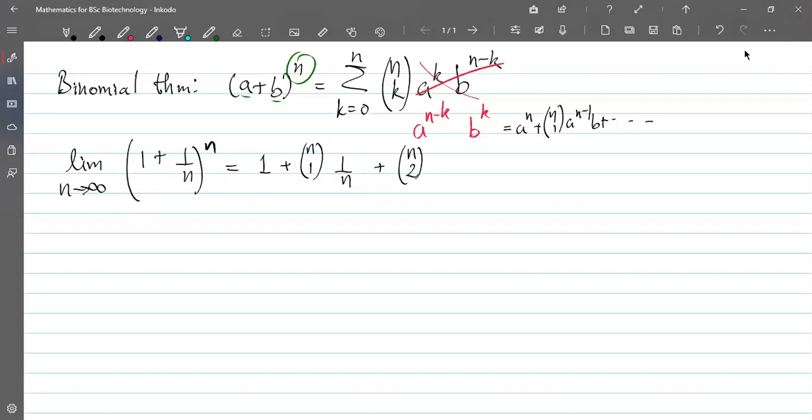Again, since this is 1, it's never going to matter. It'll always be 1 in every term. So we only have to look at the powers of b. So this will now be 1 upon n square. The next you'll have nc3 and 1 by n cubed, and so on.